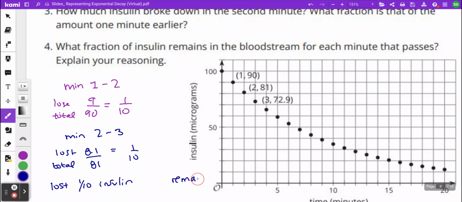What fraction is left over? Well, similar to what we did yesterday, 9/10 must be what's left over. 1 plus 9 is 10, so we're using all 10 parts there. If 1/10 is lost, 9/10 remains. So 9/10 is that fraction that represents how much insulin is remaining.